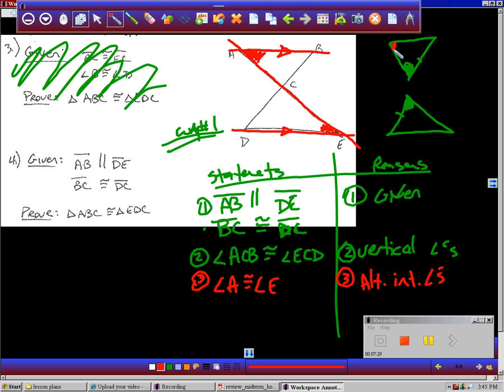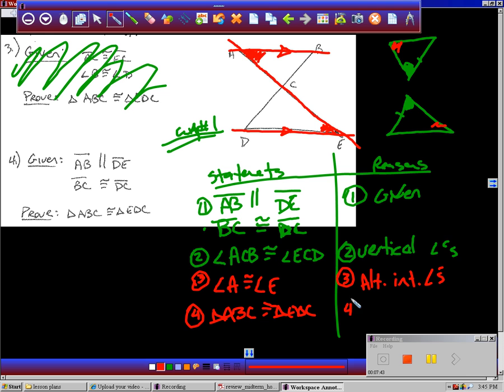Now that gives me that angle congruent to that angle, which gives me triangles congruent. So triangle ABC is congruent to triangle EDC, and that is because of number four, angle side. Now there could have been something else done, so let's look at the second way.